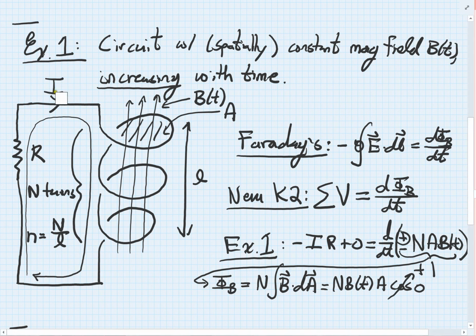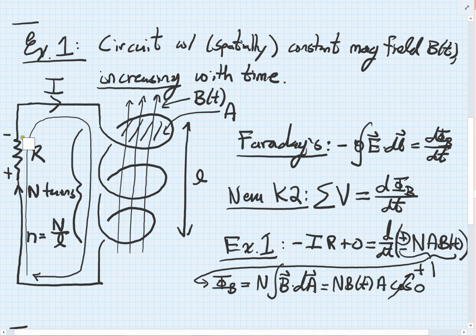Once we've set ourselves on this presumed direction of current, then from Kirchhoff's first law we know that current flows all the way around our circuit. The resistor has an upstream side here and a downstream side there, so the current flows from the upstream side to the downstream side.